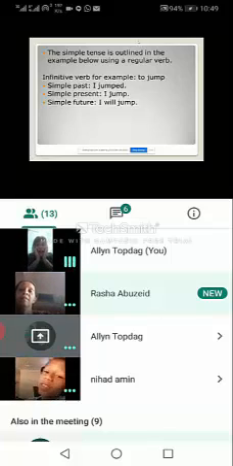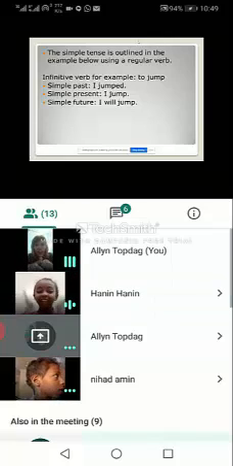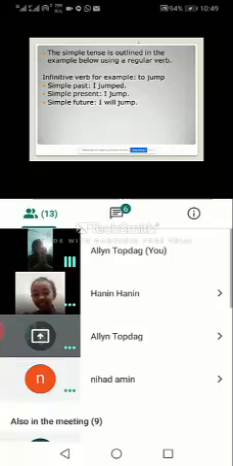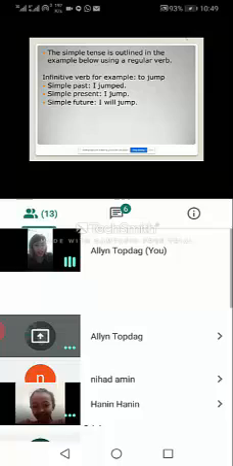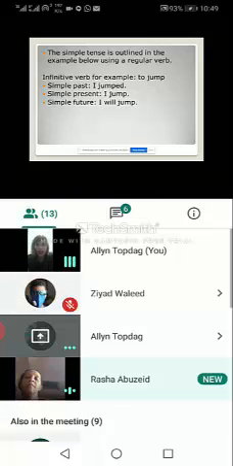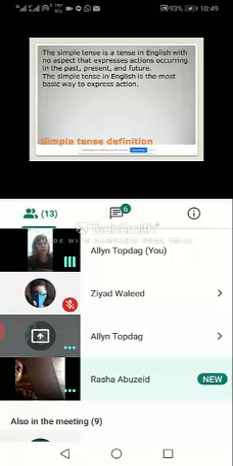Okay. Name, please. Aisha. Aisha, tell me, what is a simple tense? The simple tense is outlined in the example below using a regular verb. Okay.